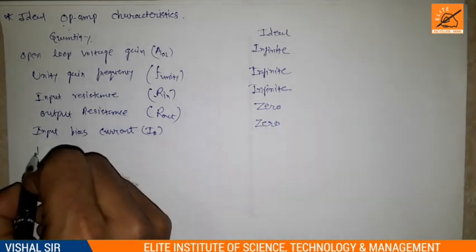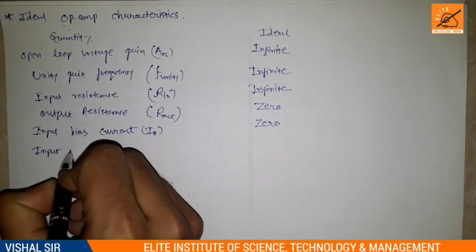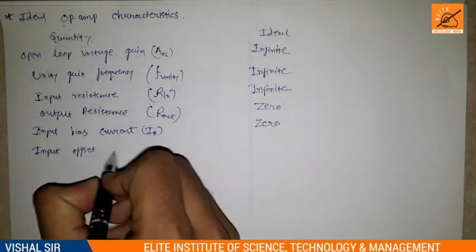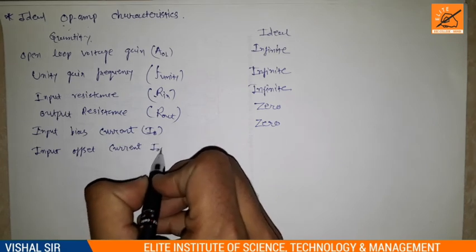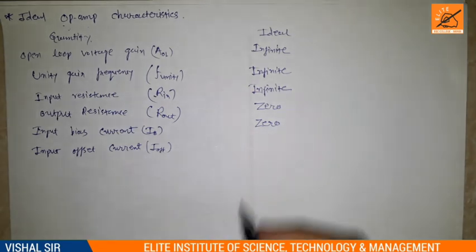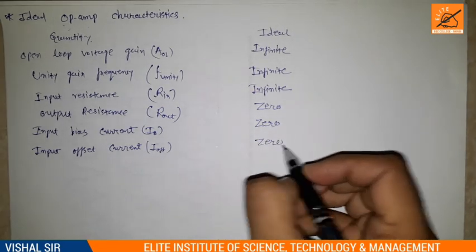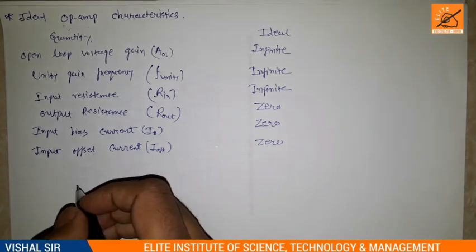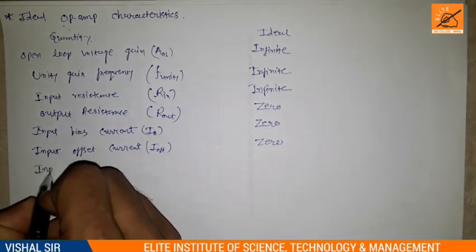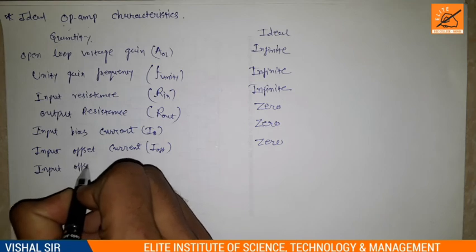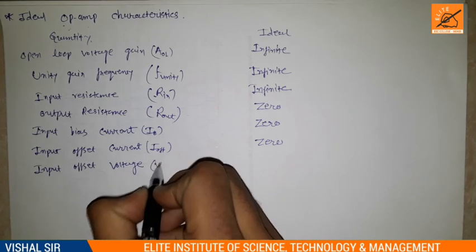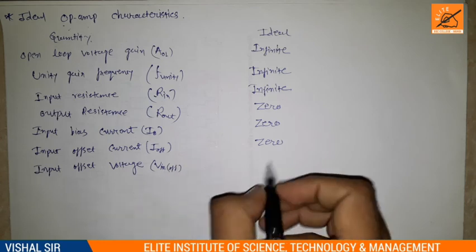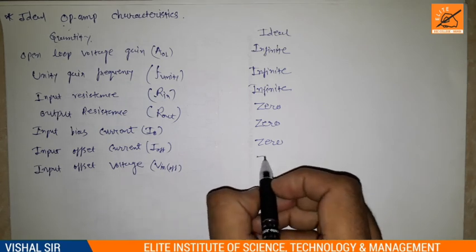Then input offset current. The value of input offset current will also be 0. Then input offset voltage, VIN offset, its value will also be 0.